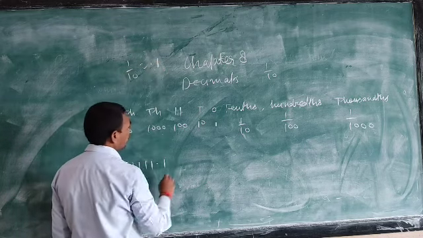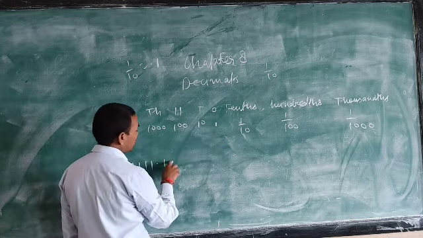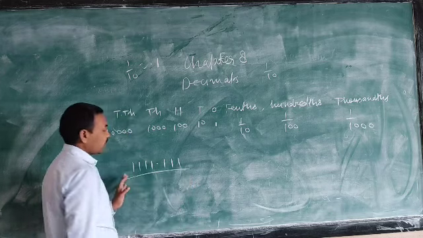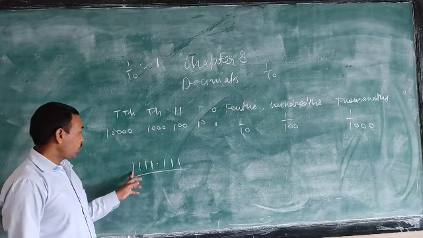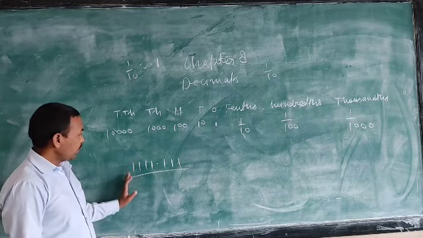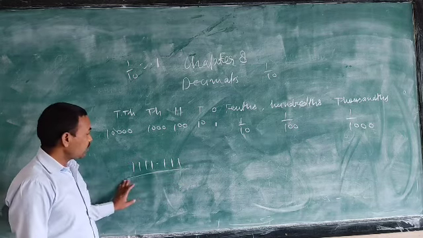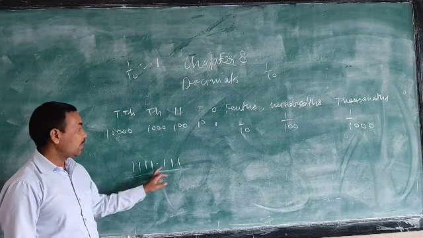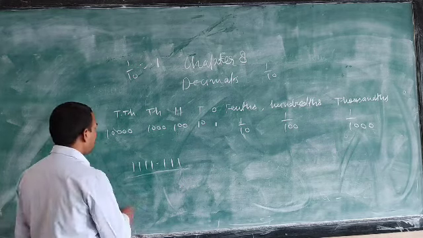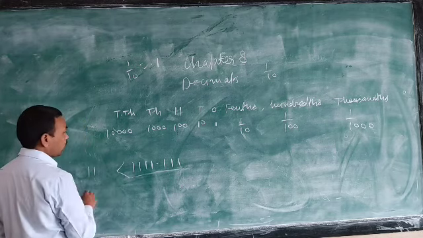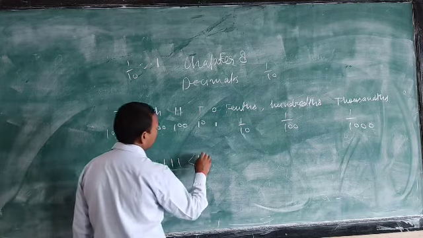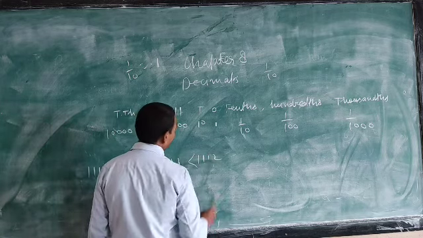So you can write this, and that place is known as the tenths place. So you know about this number. This number is more than 1111 and less than 1112. This number is greater than 1111 and less than 1112.